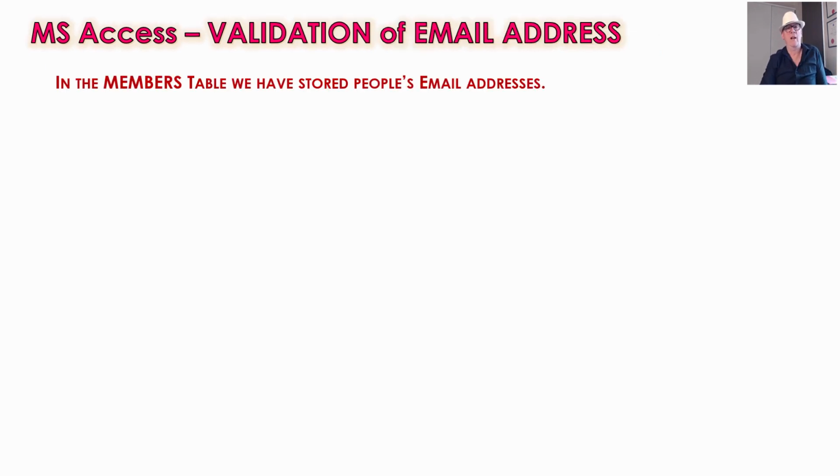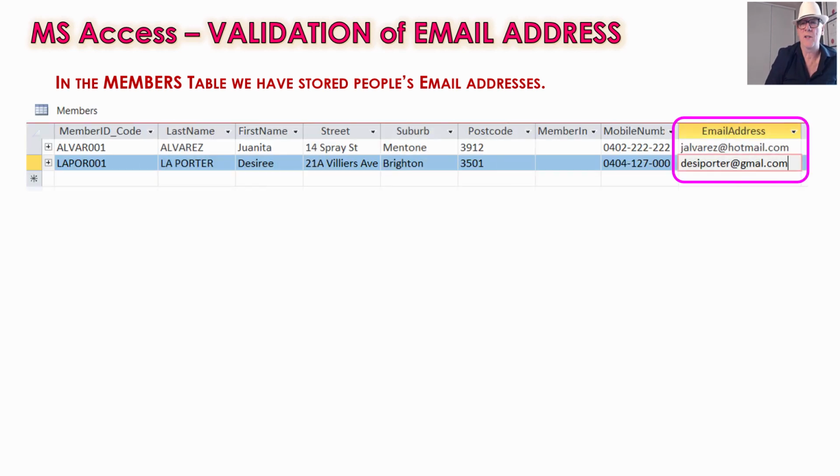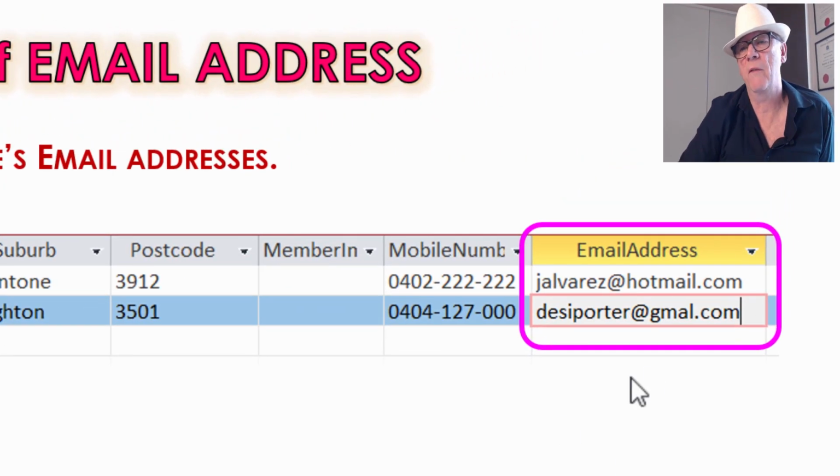So let's do the last of the validations before we get into masks. The email address is the most complicated one to do a validation on, and you can't get it perfect. Like if someone puts GMAL, Gamel instead of Gmail, you can't really detect that and fix it. That's too hard to fix. Who knows, maybe there is a service provider called GMAL, and that is a valid email address.